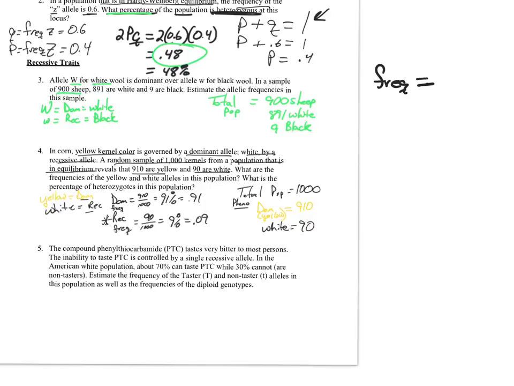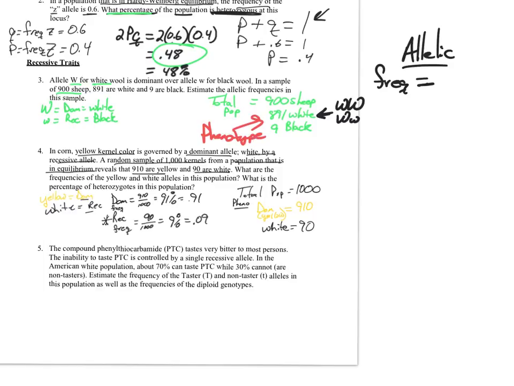Well, the first problem with using this is that we can't really use the white. Who can tell me why we can't use the white ones? We don't know if it's big W or big W little w. So we're looking for the allelic frequency, and that's the alleles. What are we looking at here? This is phenotype.